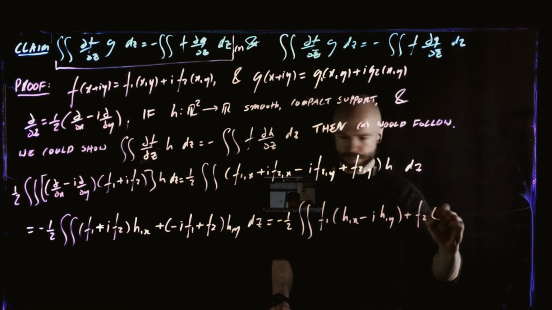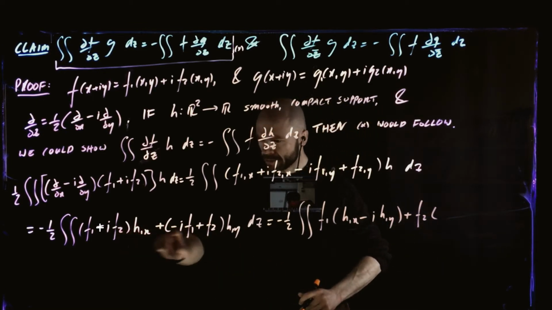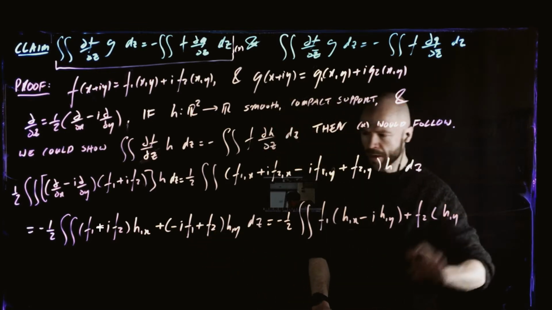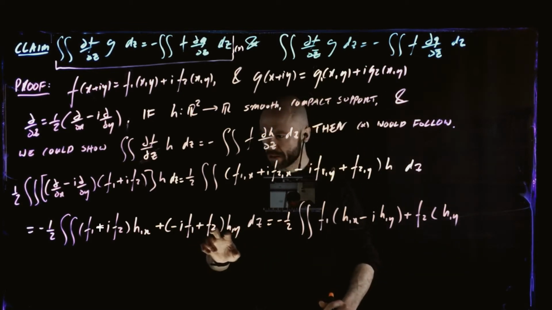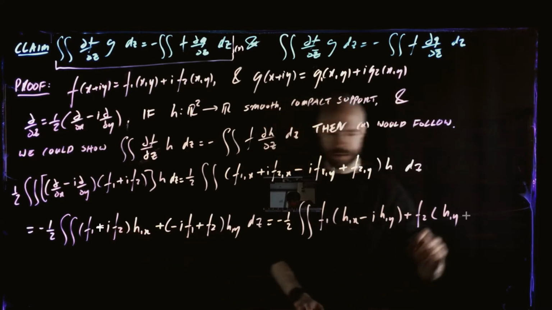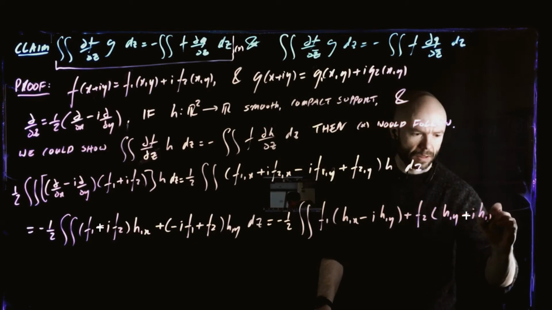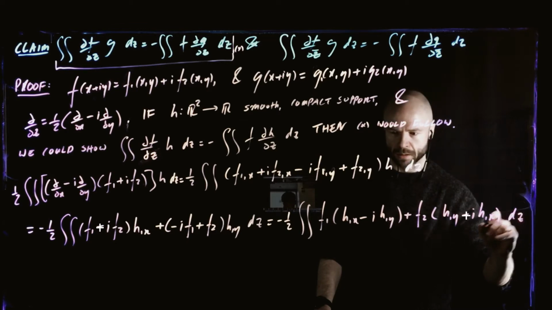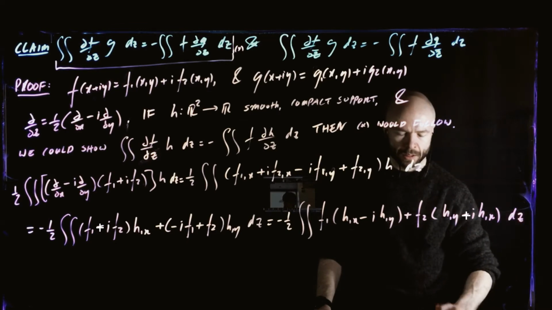And then the f2s, we're going to have an f2 from here, so h comma y, like this. This is the f2, and then minus i h comma x, like this. Yeah? dz.